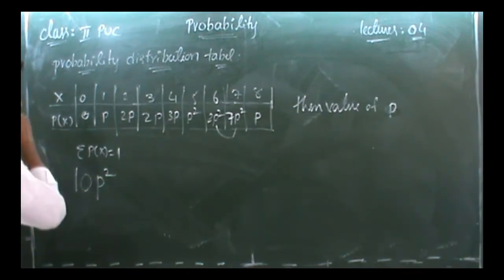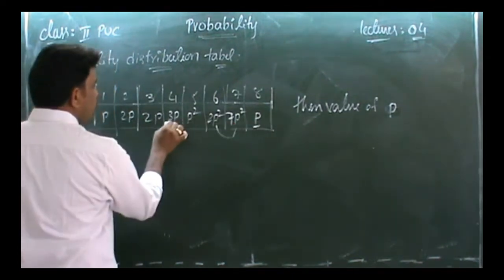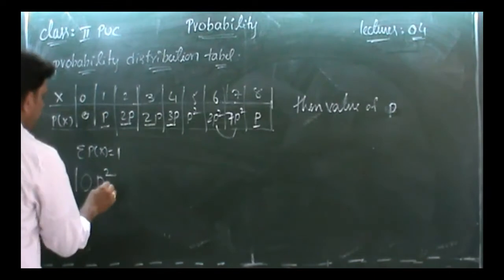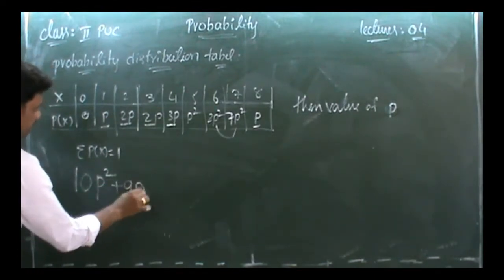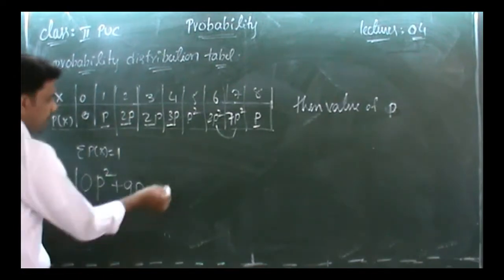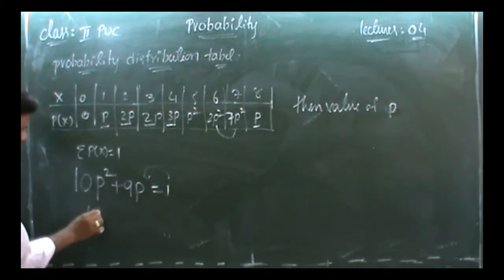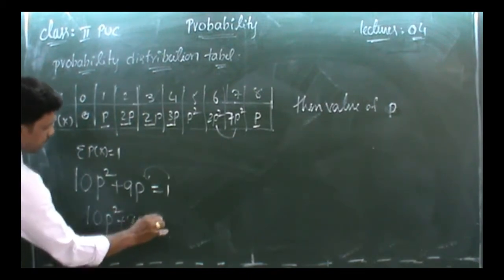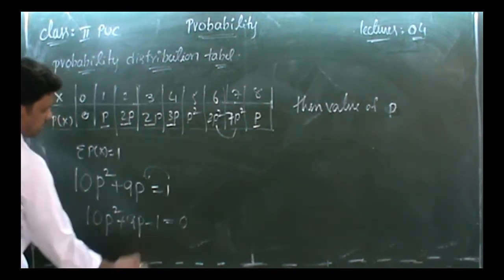Next, the P values are P, 2P, 2P, 3P, which sum to 9P. Plus 0, no need to write, is equal to 1. So bring this 1 to this side, then the equation is 10P square plus 9P minus 1 equal to 0.